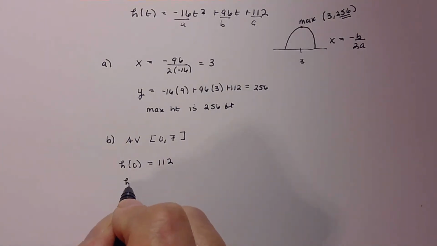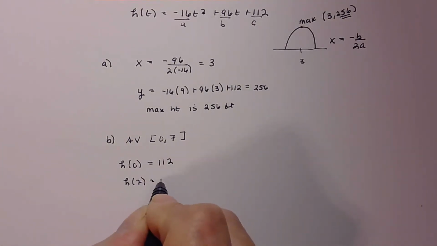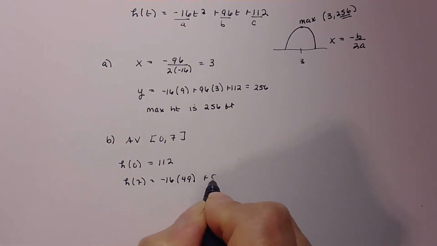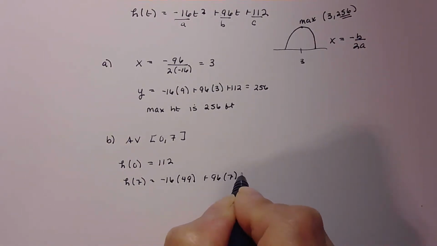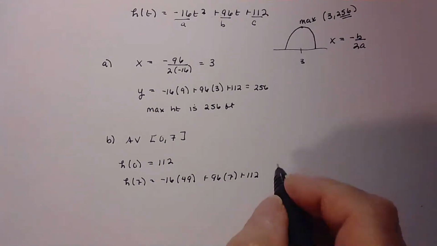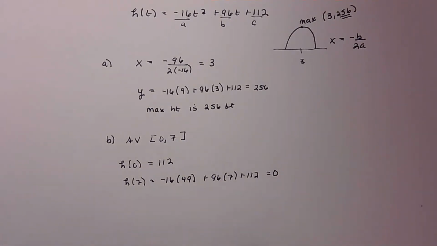And if I plug the 7 in, well, I'm going to have negative 16 times 7 squared, which is 49, plus 96 times 7, plus 112. I forgot what that was off the top of my head, so I'm going to recompute it. And it looks like it's 0. Yeah, good. 0. All right.